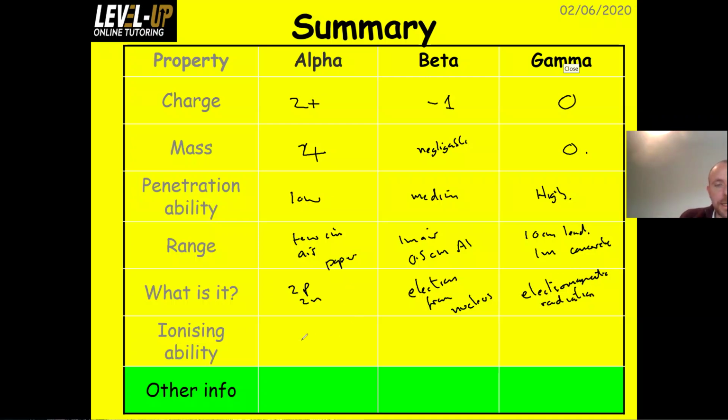Ionizing ability is high for alpha, beta is medium, and gamma is low. And then other info, maybe go through the video again, just see if there's any other information, maybe about the electric fields or the magnetic fields or anything else you want to add. But that's a really useful summary sheet just to have kept somewhere for you to refer to and to eventually memorize.